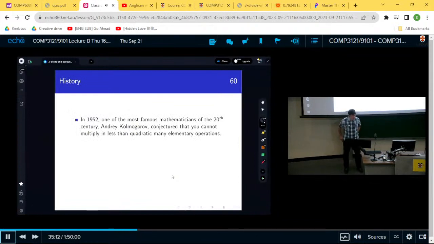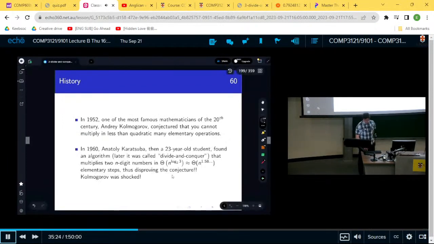Back in the 50s, Kolmogorov, a famous mathematician, conjectured that you can't do it faster than order n squared. He started a seminar series where he met with some of his colleagues and students, and he organized this weekly series of events where the main problem they wanted to focus on was to show that order n squared is the fastest you can do, and there's no faster algorithm.